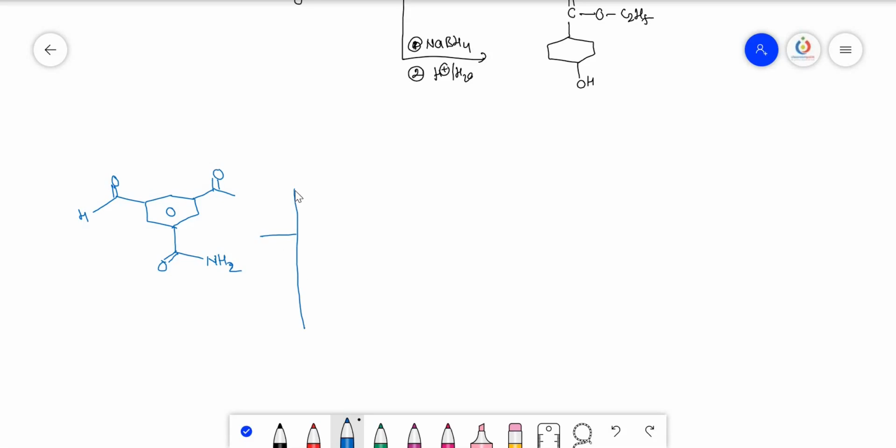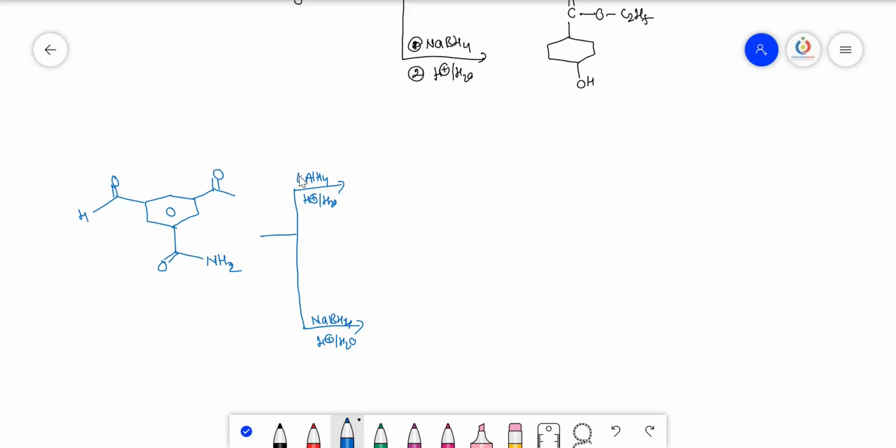Now when it is subjected to the reagents, here we use the lithium aluminum hydride, and here we are using the sodium borohydride. Second, hydrolysis, H plus H2O, everything is common. H plus H2O. Here also H plus H2O. So you can easily expect the products.